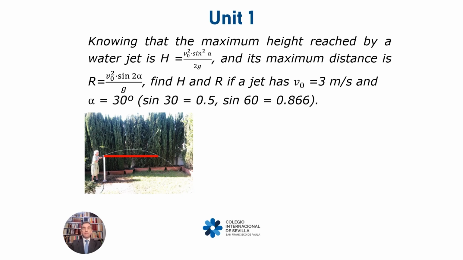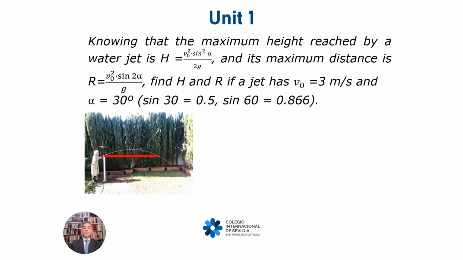H equals V0 squared times sine squared of alpha divided by twice G. And its maximum distance, symbolized by capital R, equals the square of the initial speed times the sine of twice the initial angle divided by G. R equals V0 squared times the sine of 2 alpha divided by G.